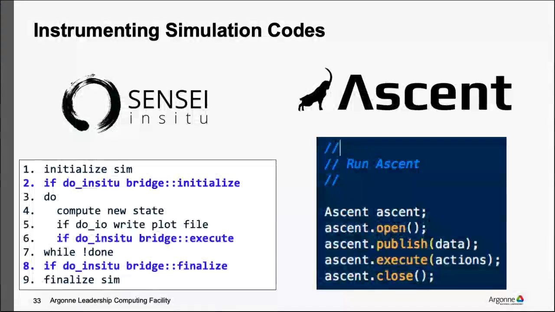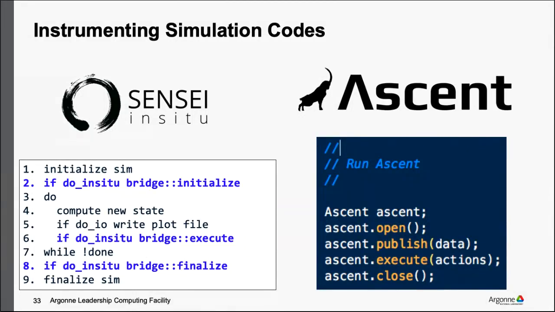For example, in SENSEI, you need to insert a call. Everything in blue there represents the code that you will need to add to an existing simulation. After the simulation is initialized, you will initialize your bridge. The bridge is an essential component in SENSEI; a good way of calling it is the interface between the simulation code and the analysis backends.